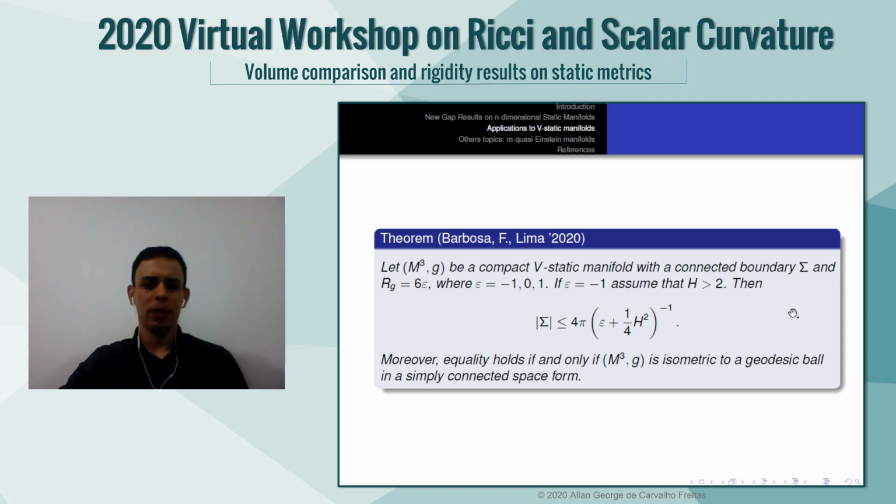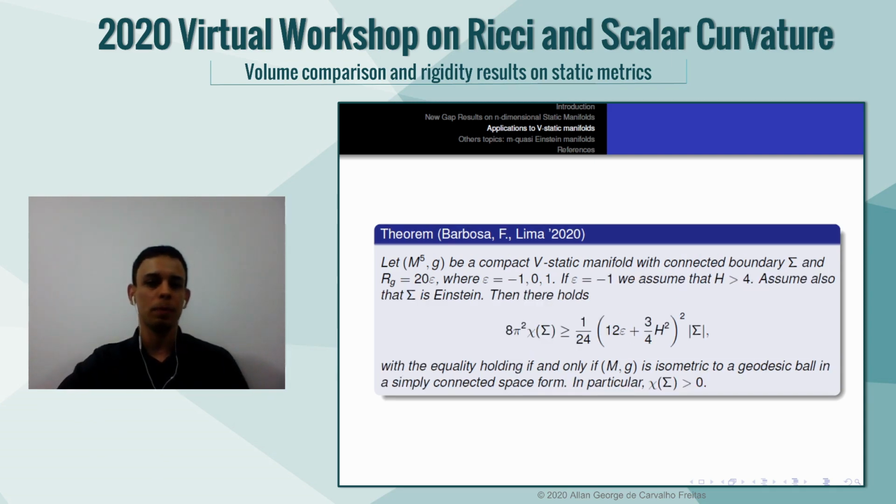And furthermore, equality in this upper bound holds if and only if we have the rigidity models, the geodesic balls in a simply connected space form. Okay. And in dimension 5, we can also use the Gauss-Bonnet theorem to obtain a limitation for the area that depends on the topology of the boundary. Okay.